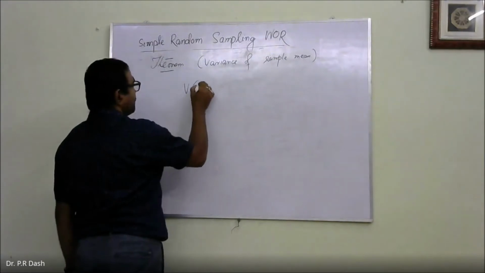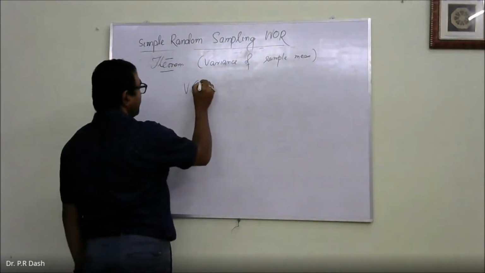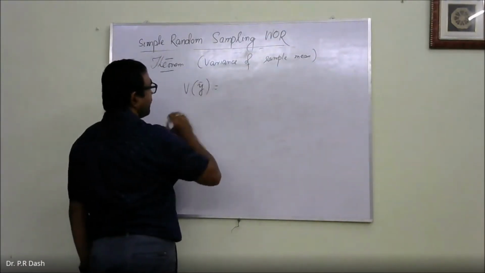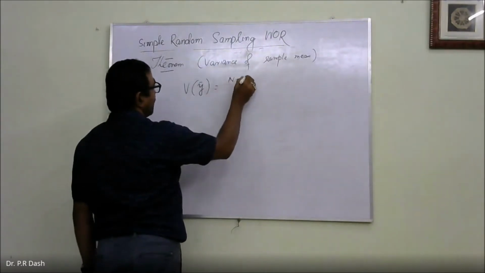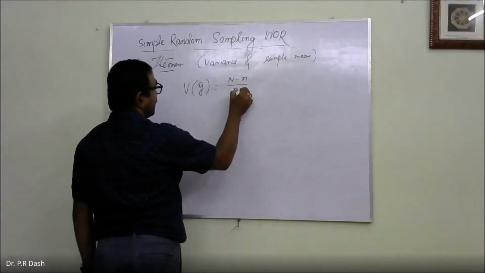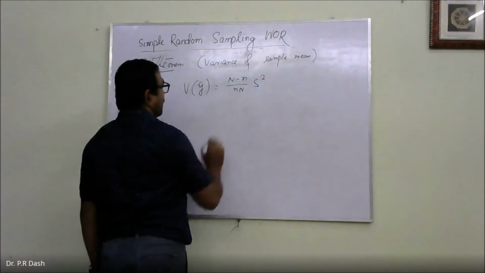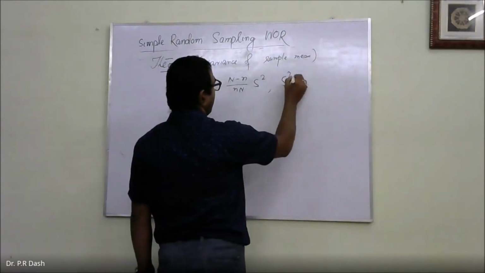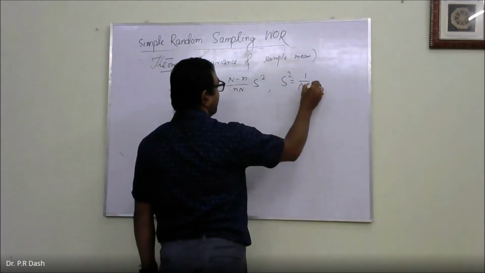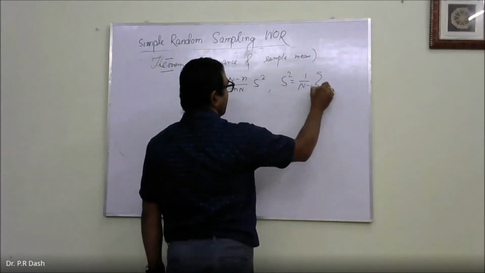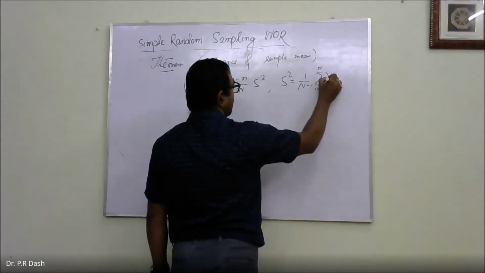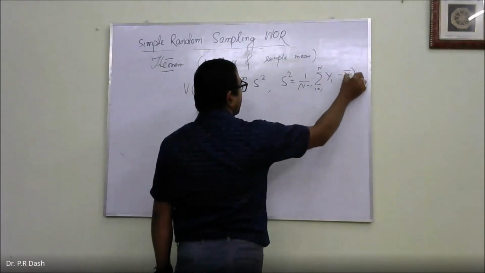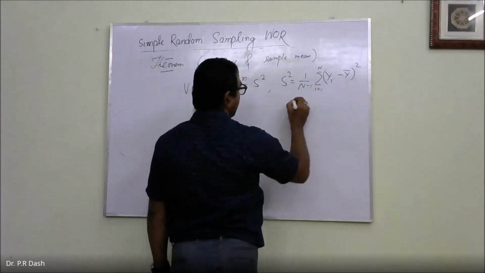In simple random sampling without replacement scheme, variance of y bar equal to capital N minus small n by capital N into n, into s square, where s square equal to 1 by n minus 1 summation i equal to 1 to n of y i minus y bar whole square.